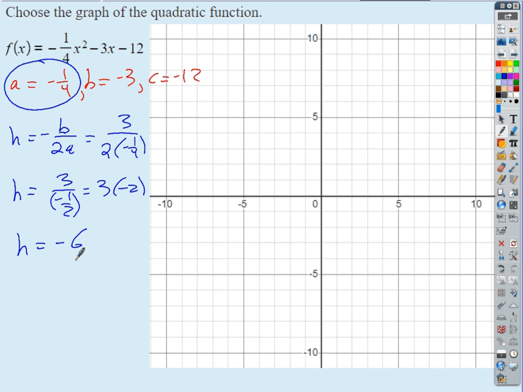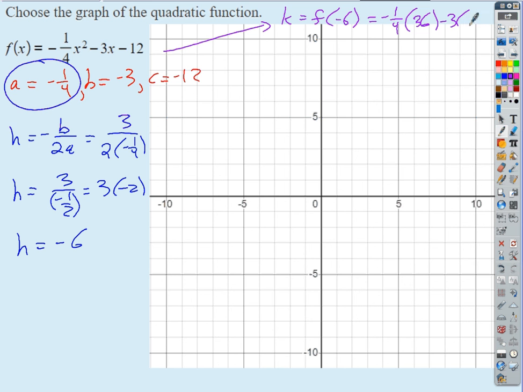Okay? And then to get k, I would have to just plug that back in up here, wouldn't I? Right? So to get k, I get f of negative 6. So that's going to give me negative 1/4 times, what's negative 6 squared? 36.